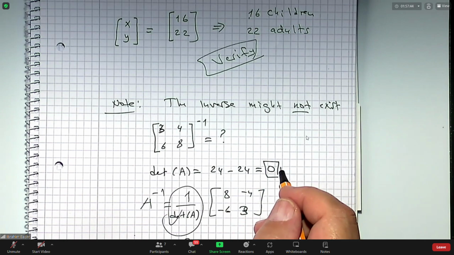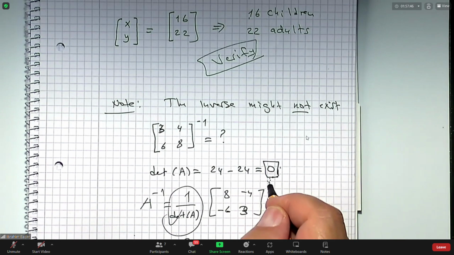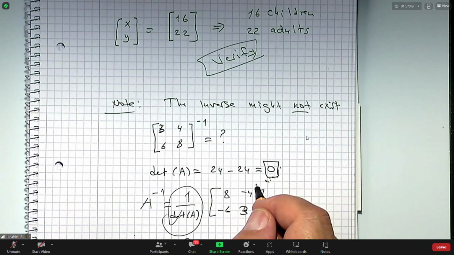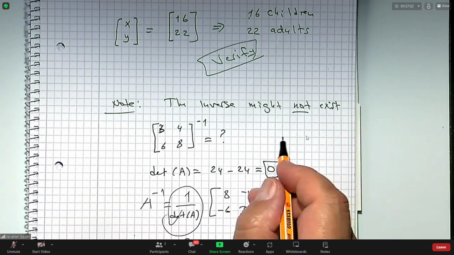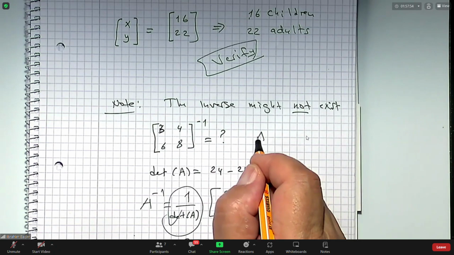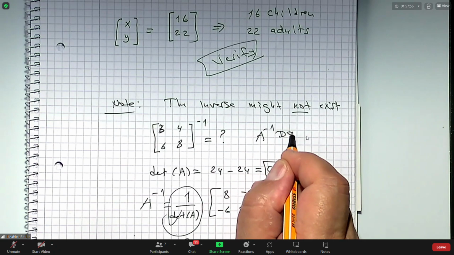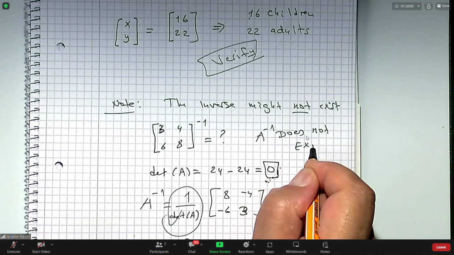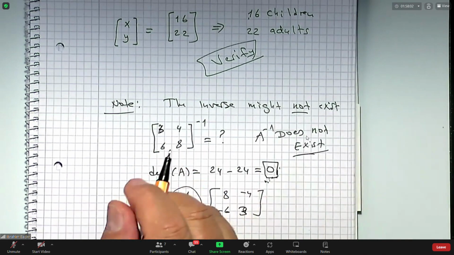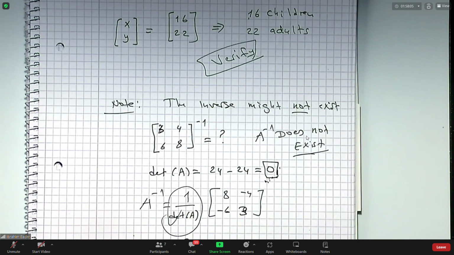So that means if the determinant of any square matrix is equal to 0, that means A inverse does not exist. So don't try to find the inverse of a matrix whose determinant is equal to 0.